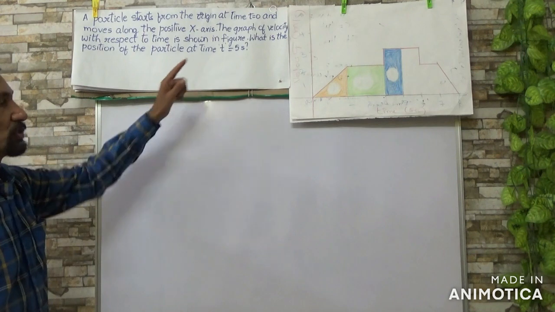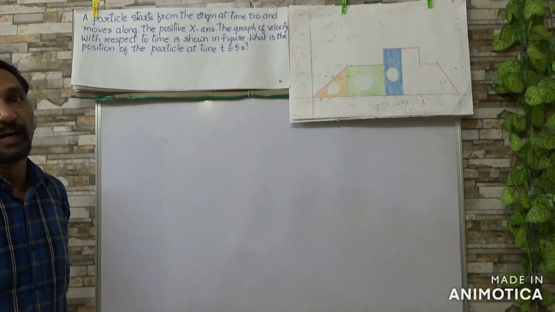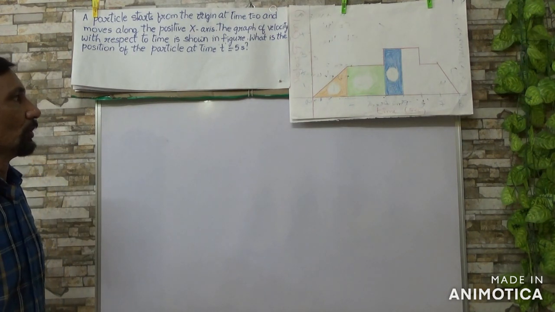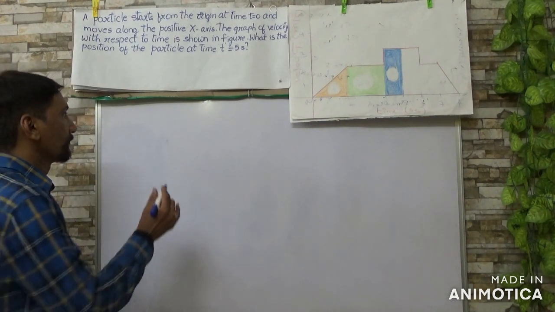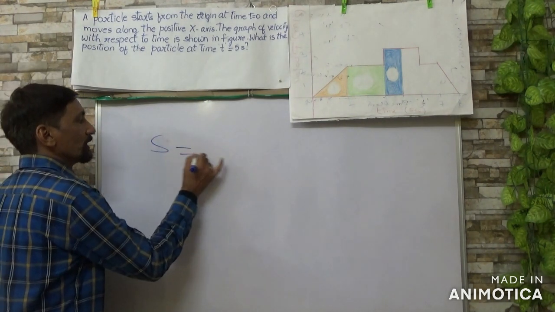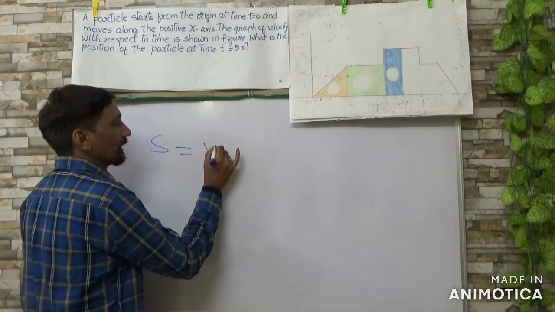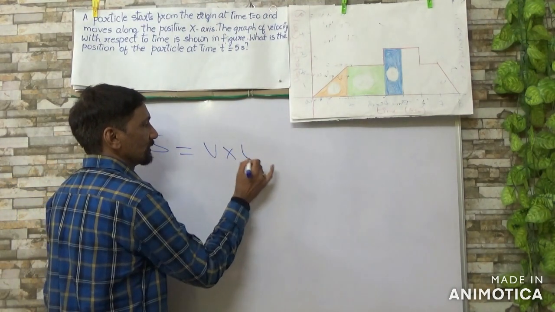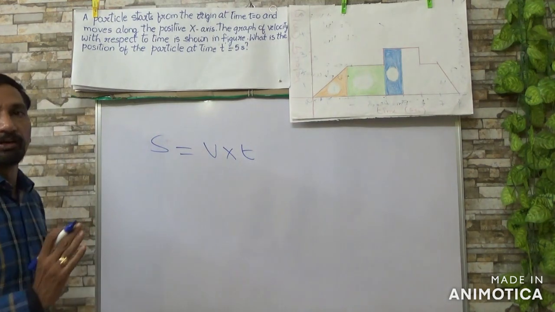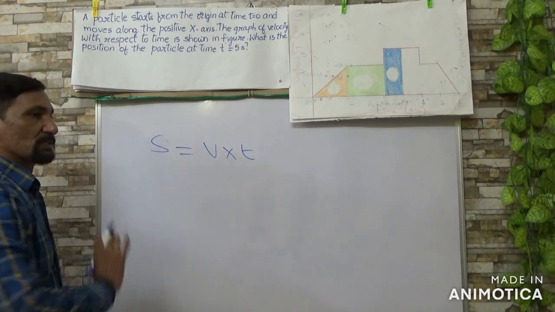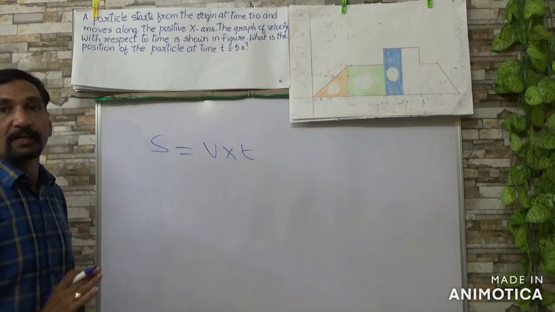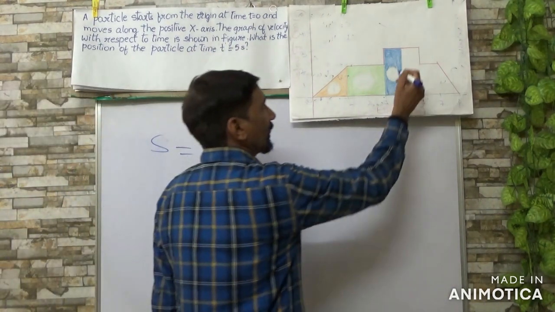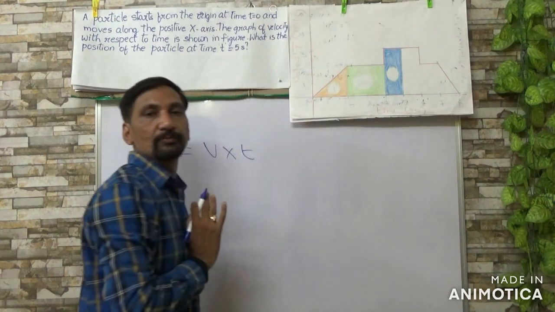So position is nothing but displacement, and displacement is nothing but the area of the velocity versus time graph. But you want it after 5 seconds only, so you take up to 5 seconds.